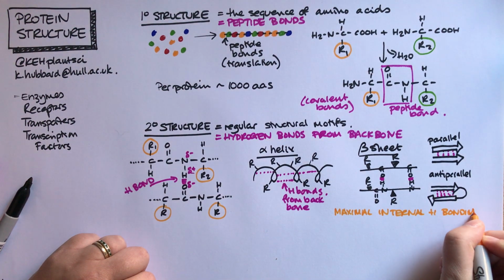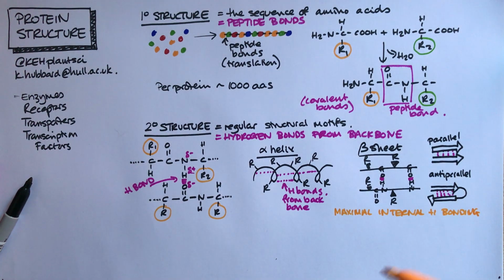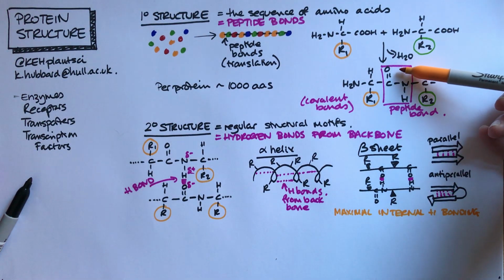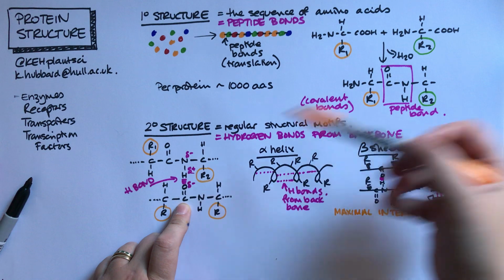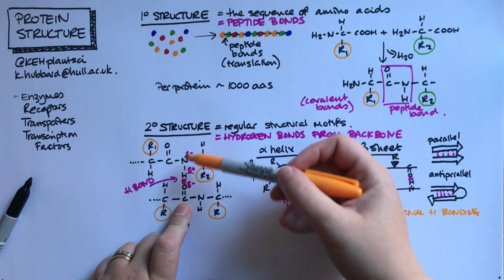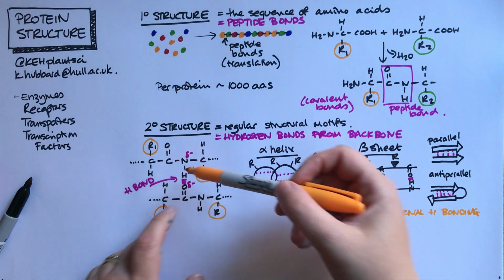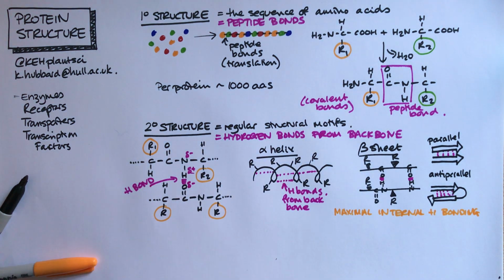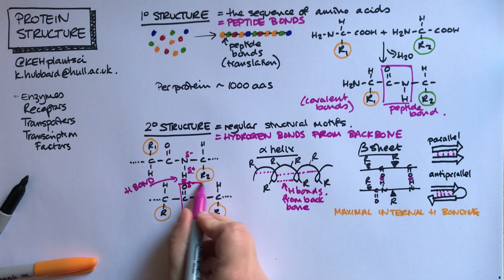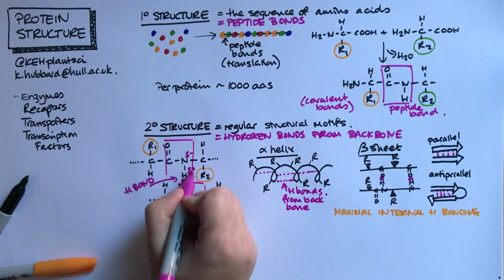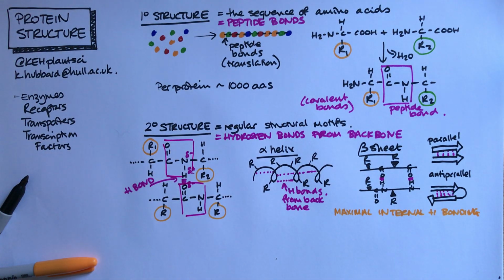What that means is that every single peptide bond is hydrogen bonded to another peptide bond. There aren't any free groups hanging around. Every single peptide bond is bound to another one. I'm just going to highlight the peptide bonds on there. That might be helpful.